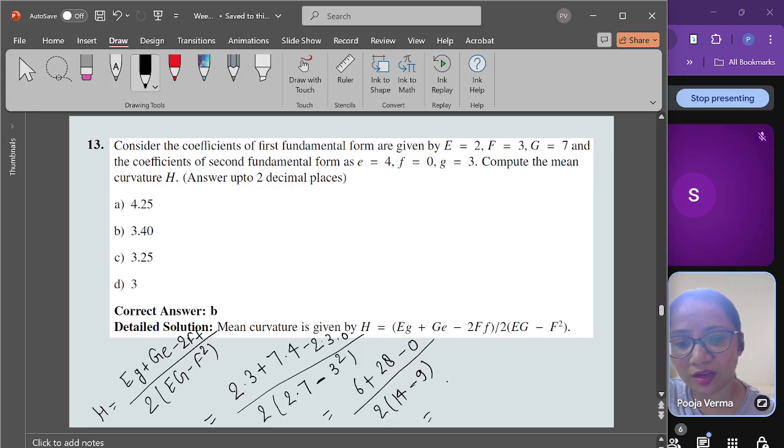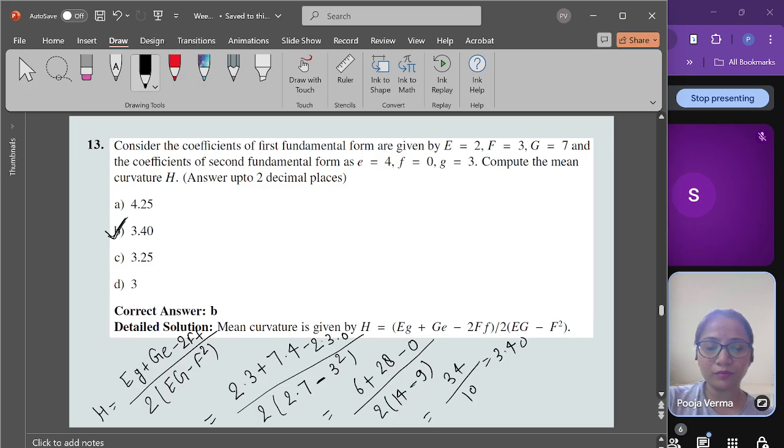So 28 plus 6 is 34. 14 minus 9 is 5. 5 into 2 is 10. So here you will get 3.4. They have given our answer up to 2 decimals, but here you can just put it as 0. So option B is the correct answer for this question.